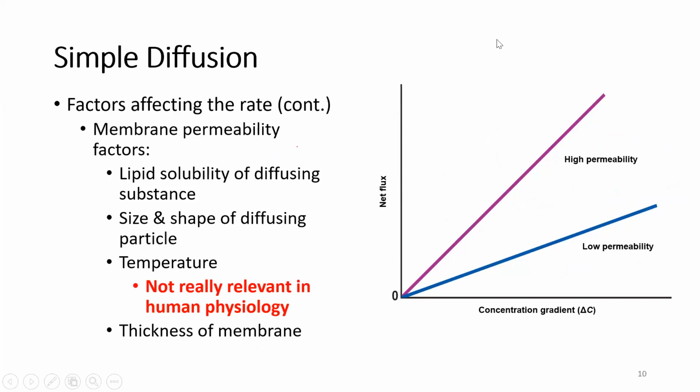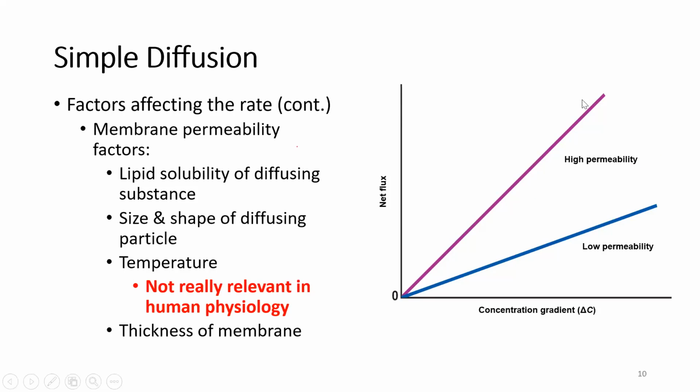The third factor that affects the rate is going to be the membrane permeability, okay? So the first factor, the magnitude of the driving force. The second factor, the amount of space available for transport. And then the third factor makes sense, right? Whether or not the membrane is permeable to the particle in question.